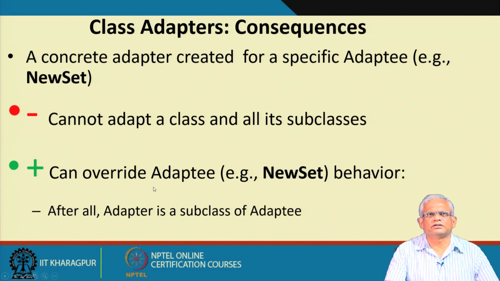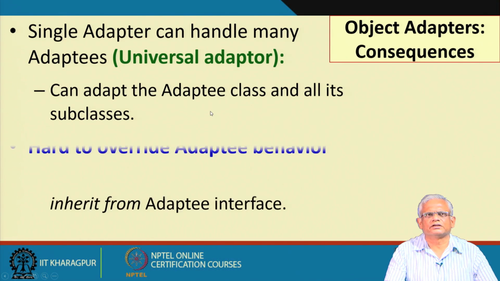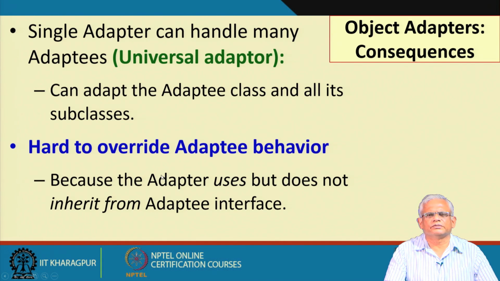But the advantage of the class adapter is that since the method is available internally, we can make some change to the method, we can override the method. We need not call the same method, we can just override. But the object adapter's advantage is that we can realize a universal adapter, but then it becomes hard to override the adaptee behavior, because we just want to call that method.